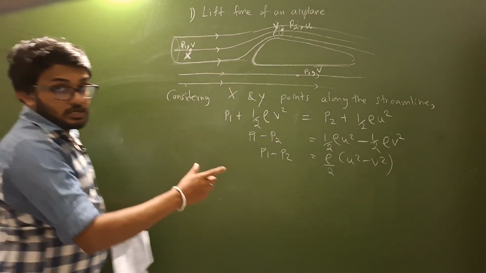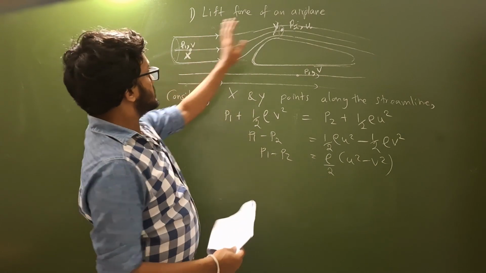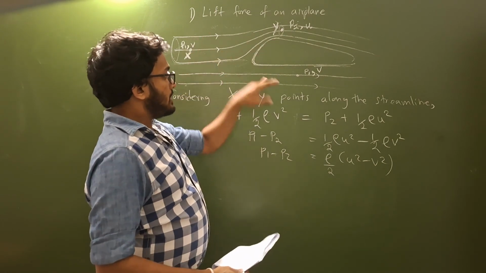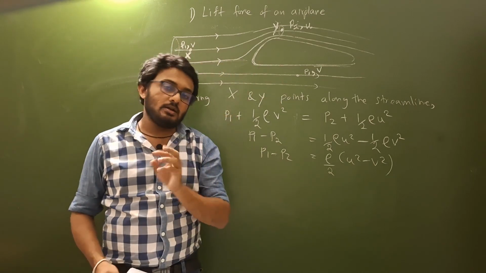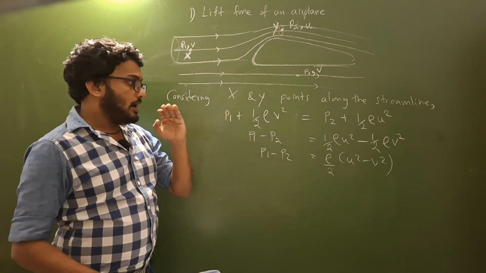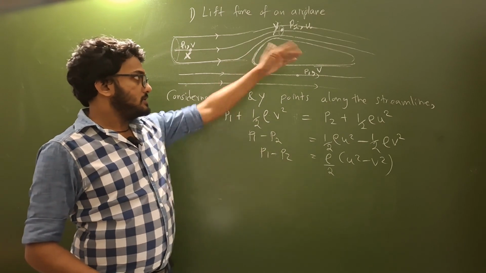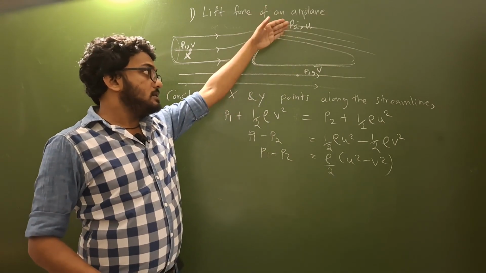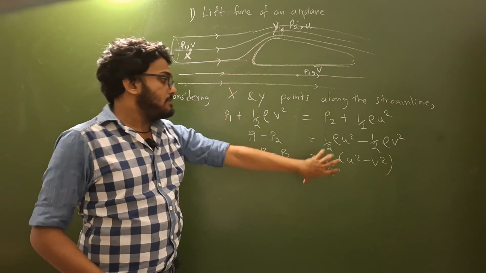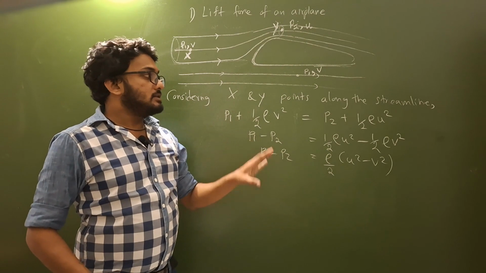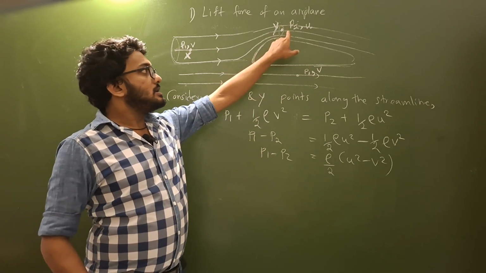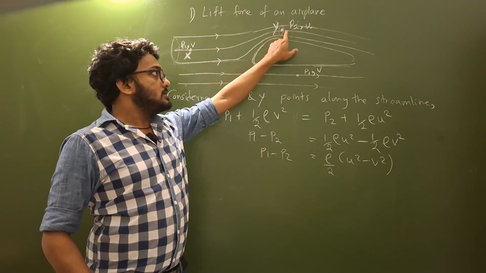So this is the pressure difference acting between these two places, but this place and this place are similar, right? So I can say there is a pressure difference acting between these two places also. The same pressure difference acts between these two places also. But the thing is, I can't apply Bernoulli's equation for this place and this place.